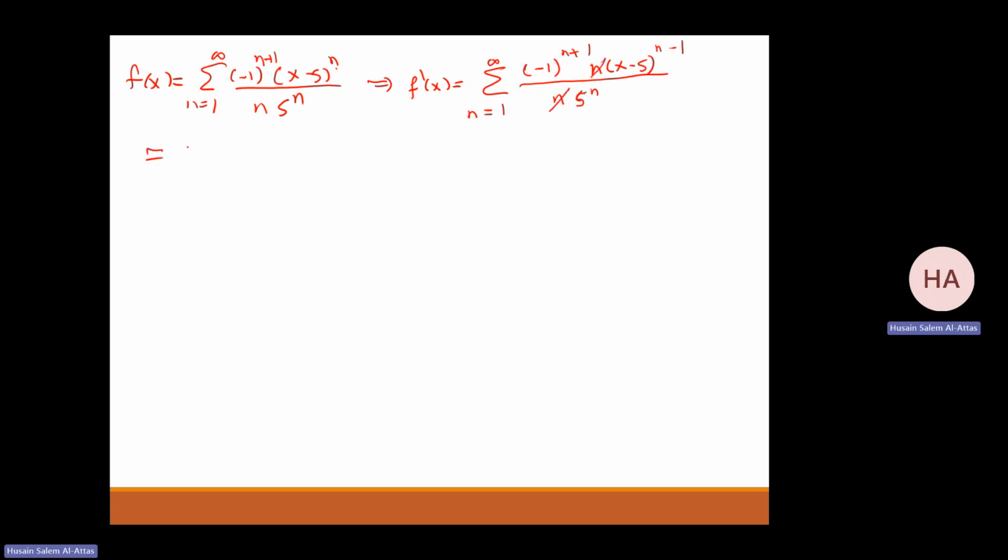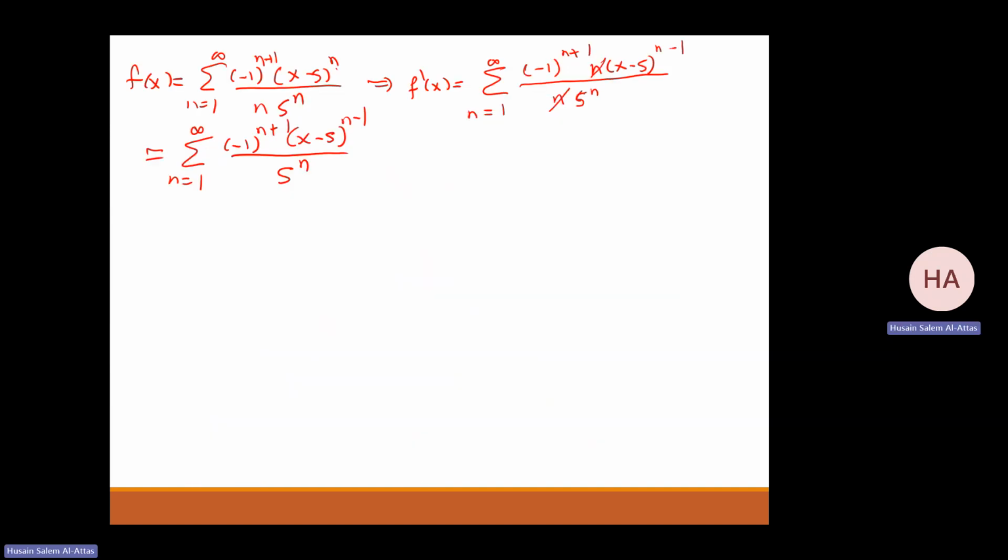So I have the summation from n equals 1 to infinity of minus 1 to the power n plus 1 times x minus 5 to the power n minus 1 over 5 to the power n. Okay, that will be f prime.